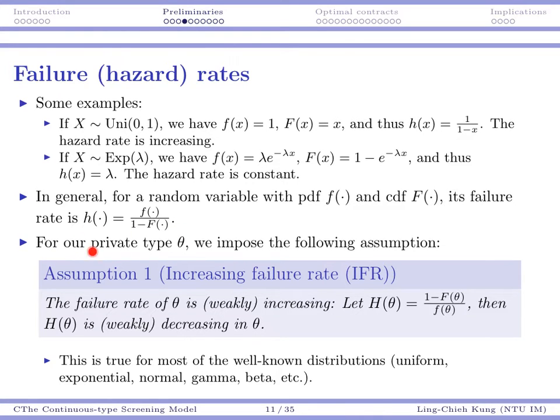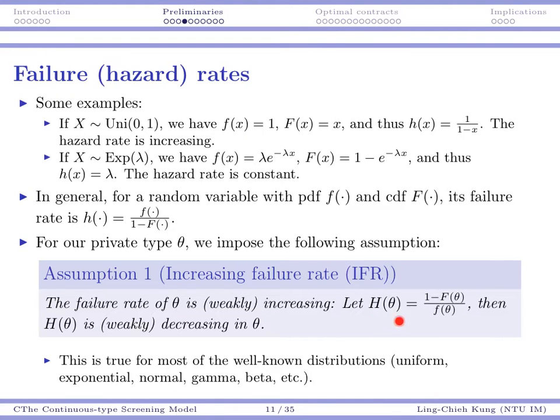For our private type theta, which is also a random variable with f and F, we're going to impose the following assumption, called the increasing failure rate, or IFR, assumption. It says that I want the failure rate of my theta to be increasing.